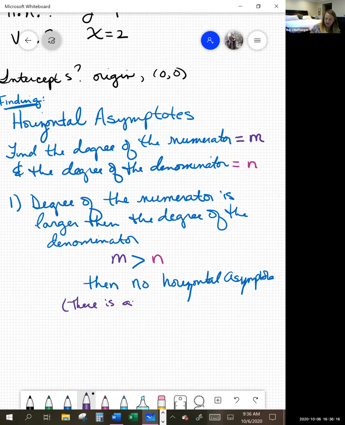There is an oblique asymptote at the quotient of the numerator divided by the denominator.